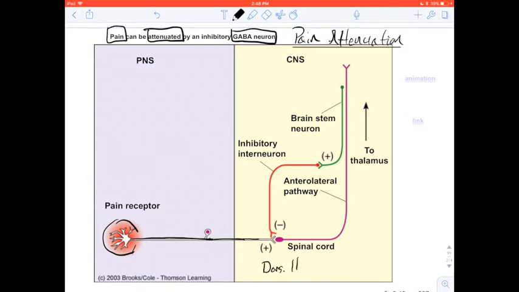And it should trigger this second order afferent neuron of the spinothalamic tract. It's going to go up to the thalamus, and we know the story from there. But we can actually have this little inhibitory interneuron. And sorry, this is actually showing the spinal pain attenuation. So let's run down here really quick.